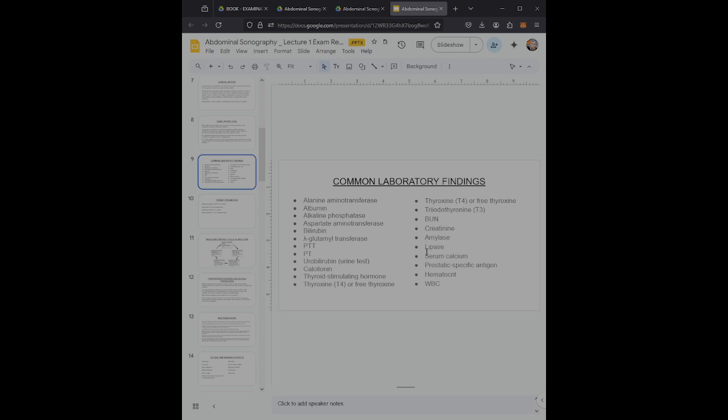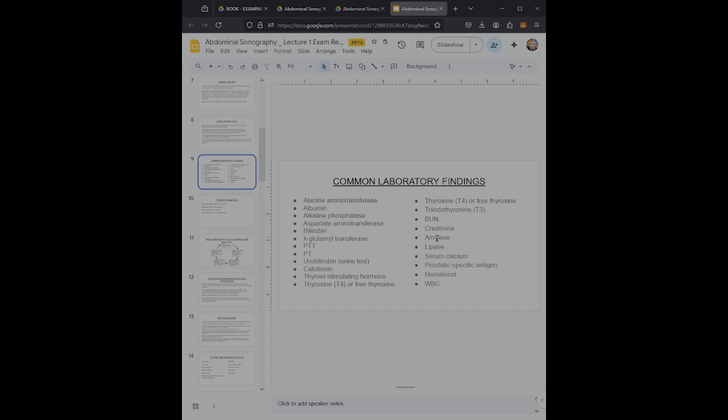Lipase. Lipase may also be indicative of pancreatitis. In the cases of acute pancreatitis, we would like to look for pain radiating to the back, increased serum amylase, and increased lipase levels.